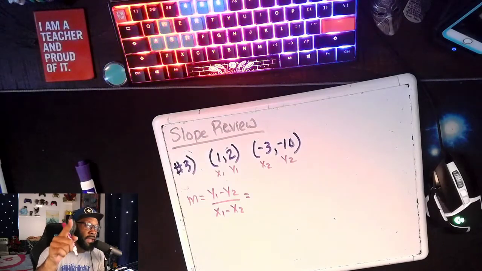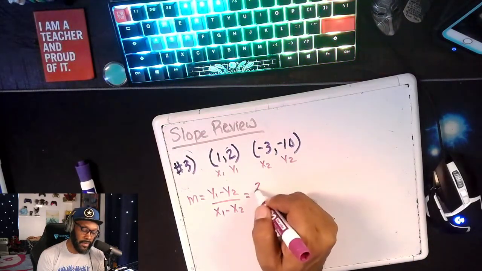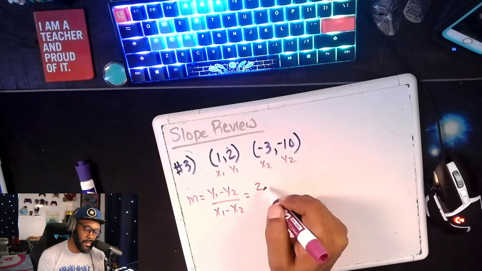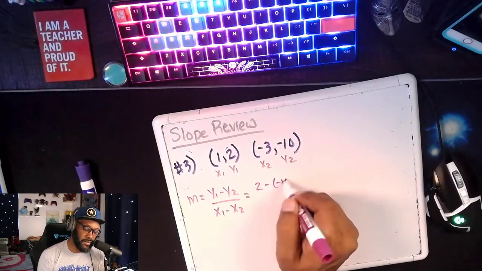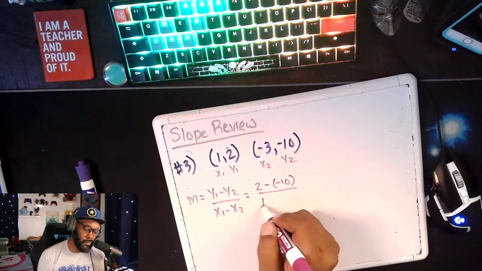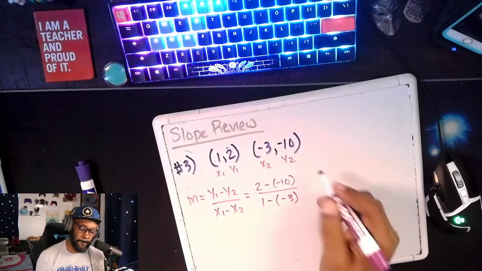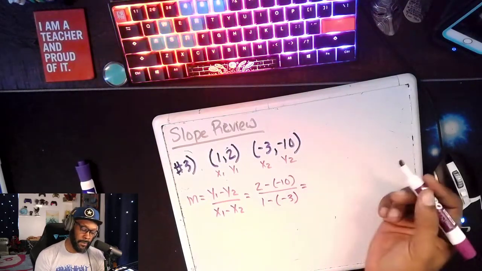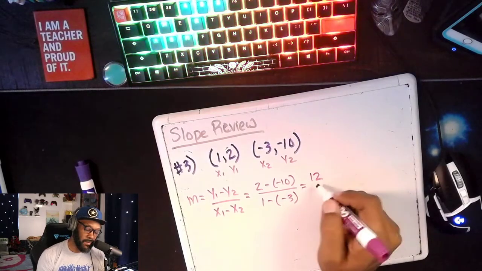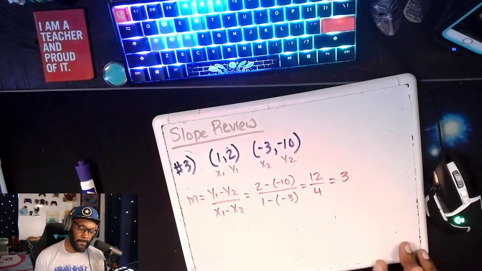Watch your negative signs, friends. So I'm going to have a 2 minus a negative 10 over 1 minus a negative 3. That's going to give me a 12 over 4, and that makes my slope 3.